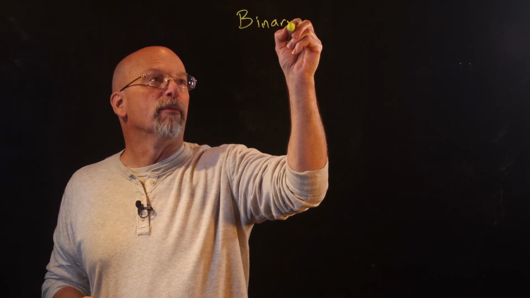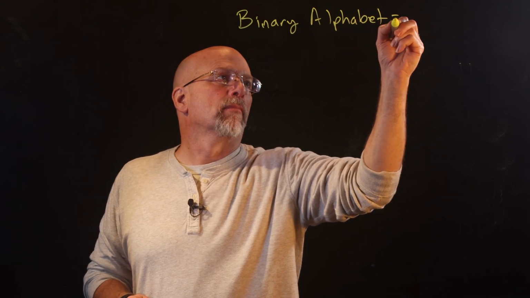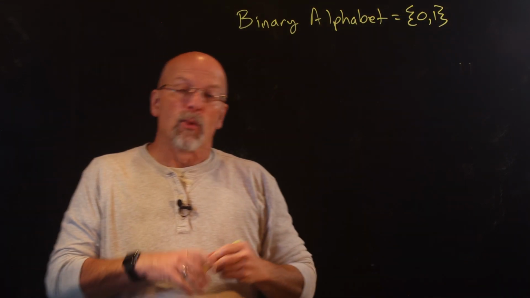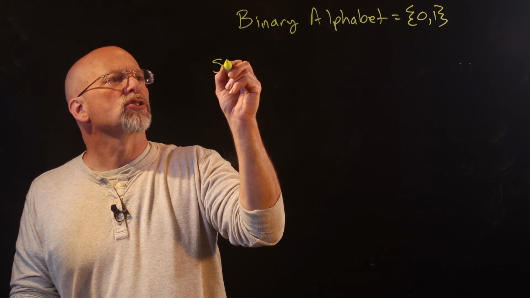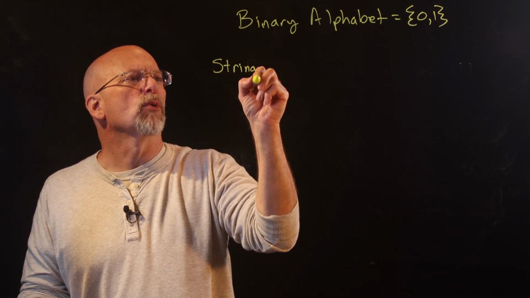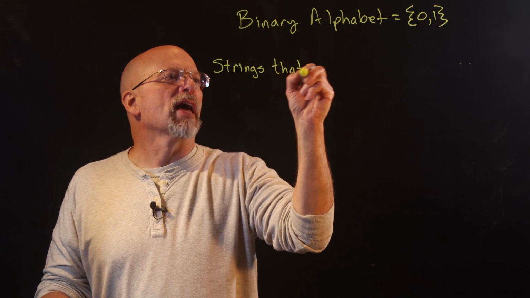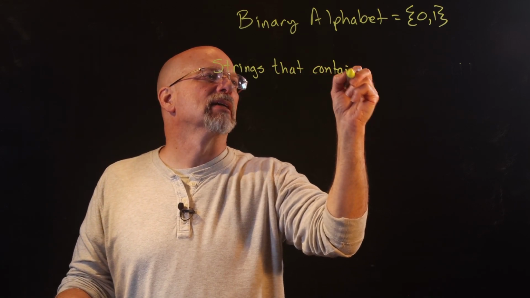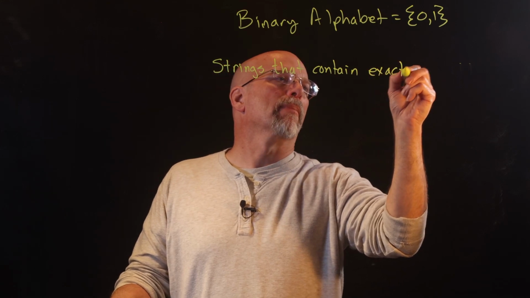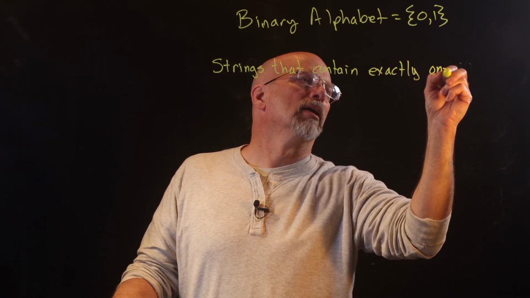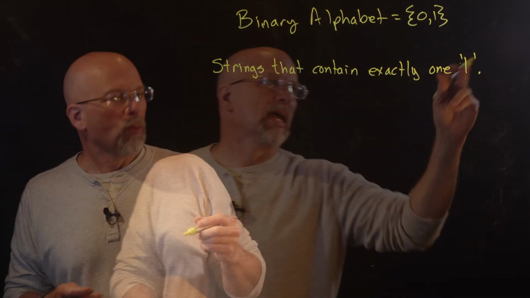So let's continue to stick with our binary alphabet. And we're going to come up with a couple more requirements. How about a regular expression for strings that contain, let's see, how about exactly one 1? All right, what would we need?